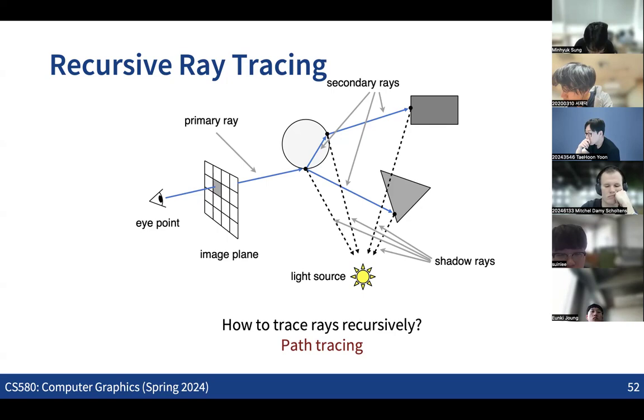So how exactly do we trace all these rays and accumulate all the reflection information? This becomes a much more complicated computation, which involves either a procedure called path tracing, or we can consider doing some kind of global optimization to calculate all these interactions across the objects and the light sources. These are what we are going to discuss in global illumination.